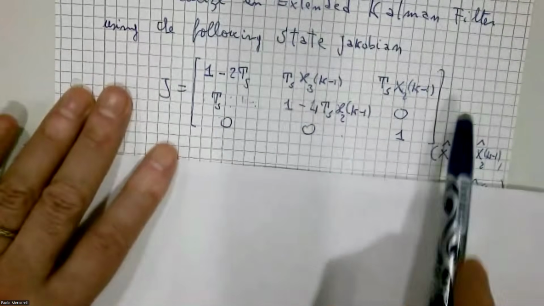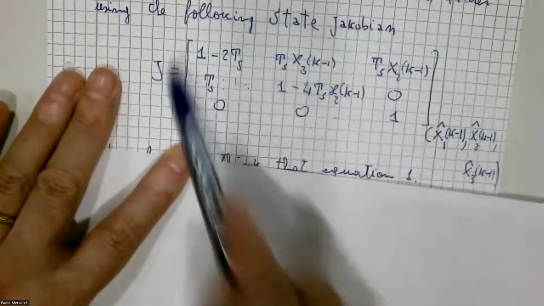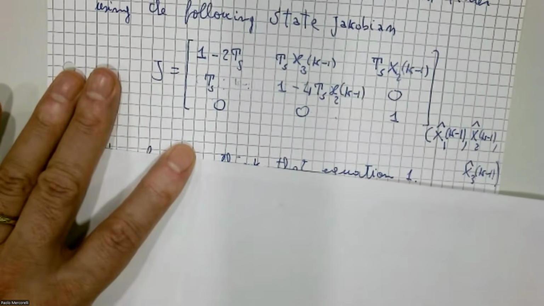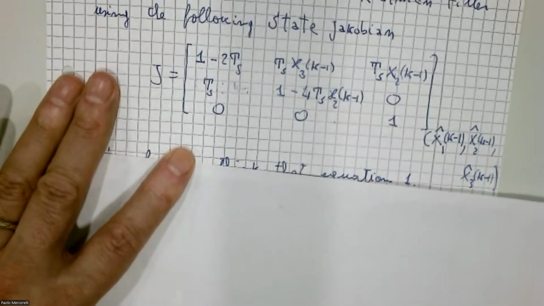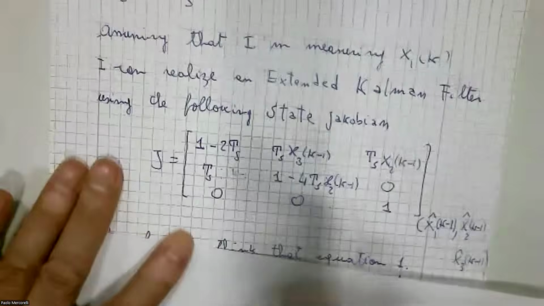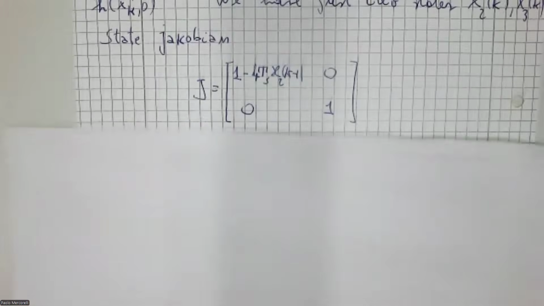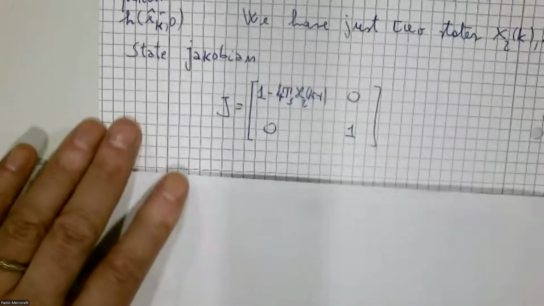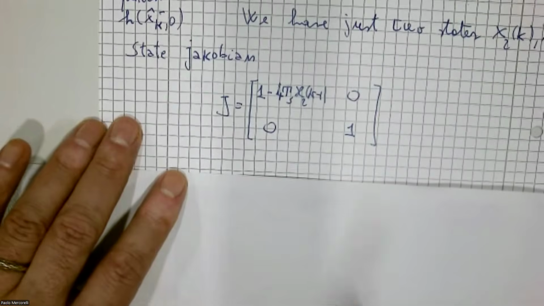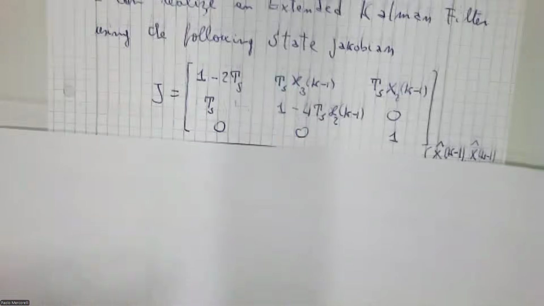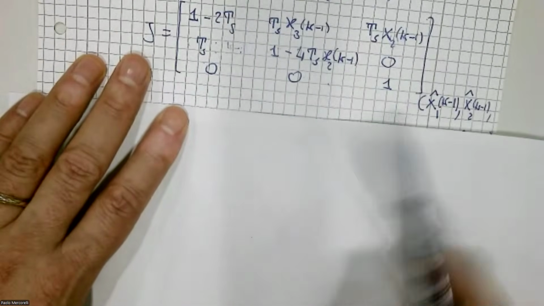Quite easier than this, not wrong, but the dimension of the normal representation with respect to this representation for the state, just for the state, we have a matrix 2 times 2. Here we have a matrix 3 times 3. This means here we have 9 elements. And here we have just 4.